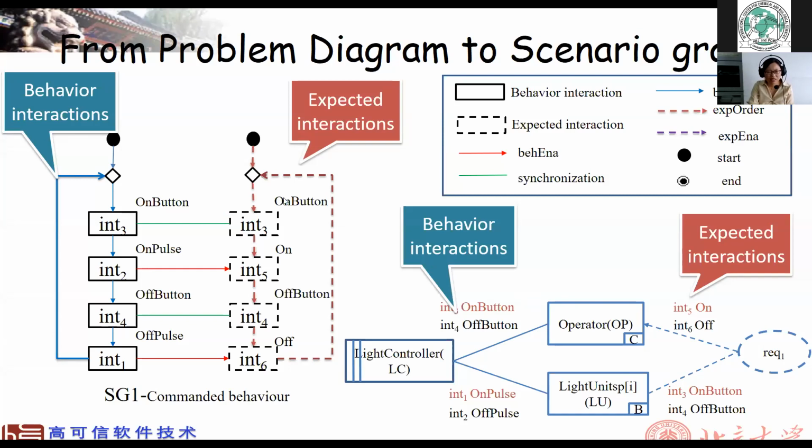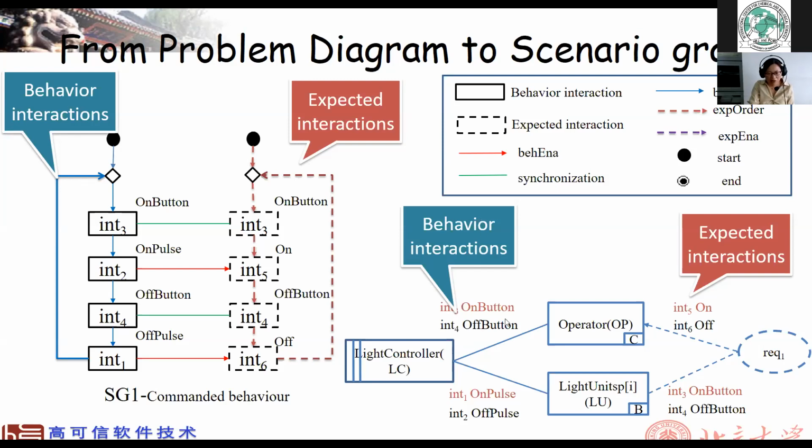So we define a scenario according to the activity diagram, and we use each node to be an interaction here. This is interaction 3, on button. This means, and interaction 2, on pulse. And the flow uses a similar notation to the activity diagram.